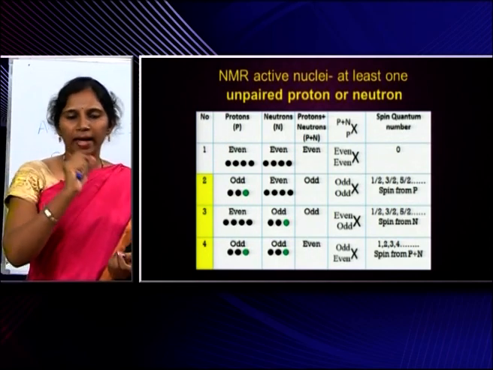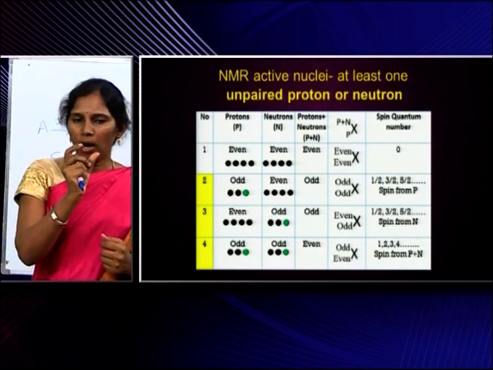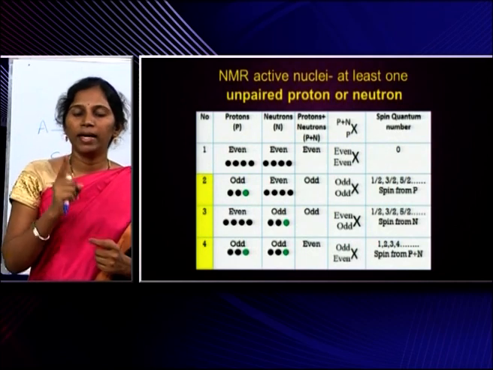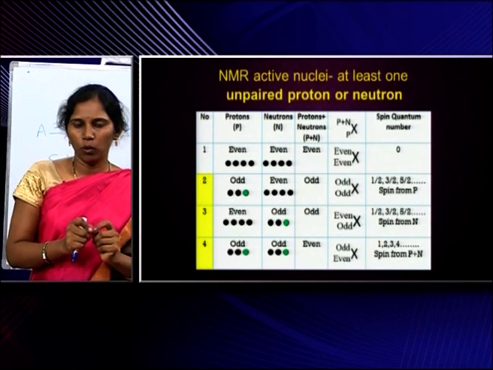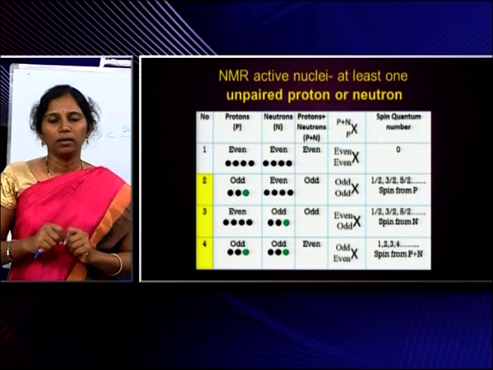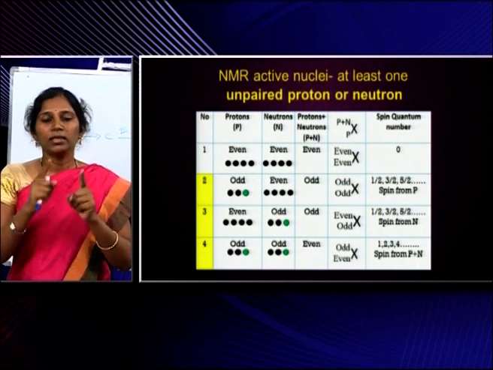If we take case 2, I have given the odd-even combination. In the odd number we get one unpaired proton here. Because of that one unpaired proton, we get a resultant spin. Here the proton is spinning, right? Proton spinning means charge in motion.